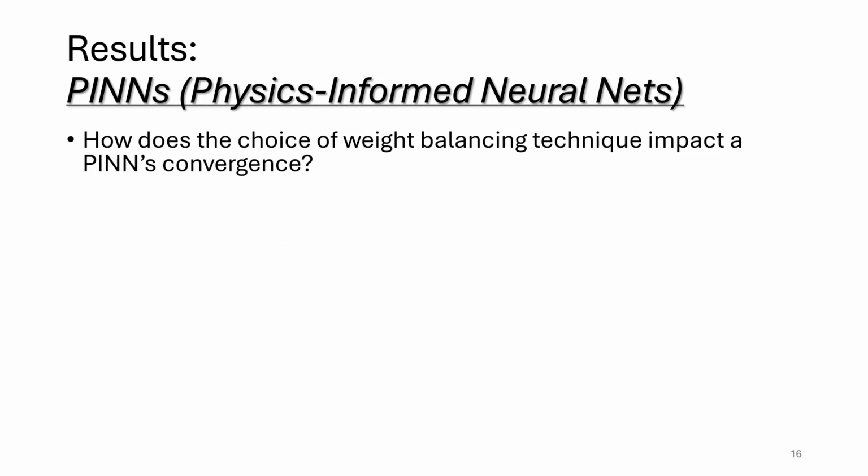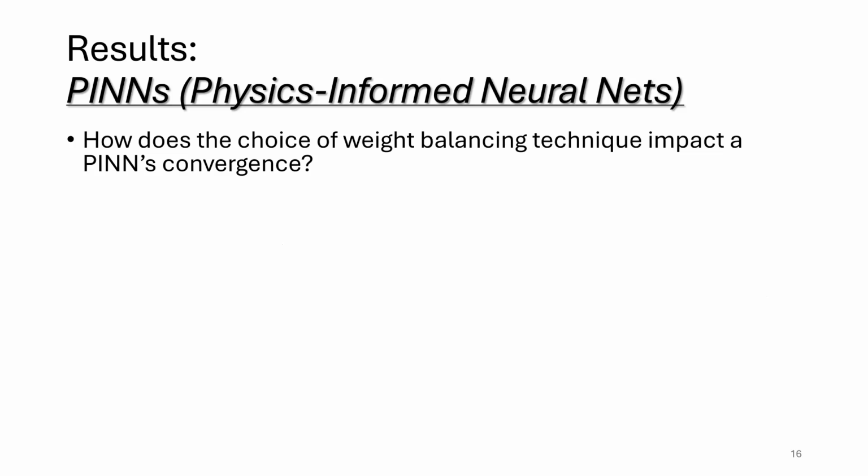Another experiment studies the impact of changing the weight balancing technique used to train the PINN. For example, one could use constant weights, grad normalization, or learning rate annealing. So the question is whether any of these techniques clearly outperforms the rest.